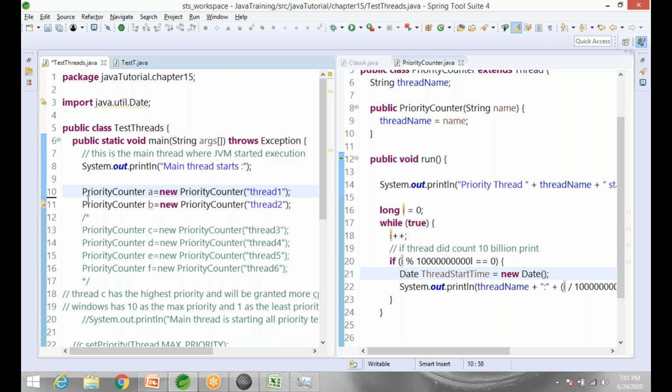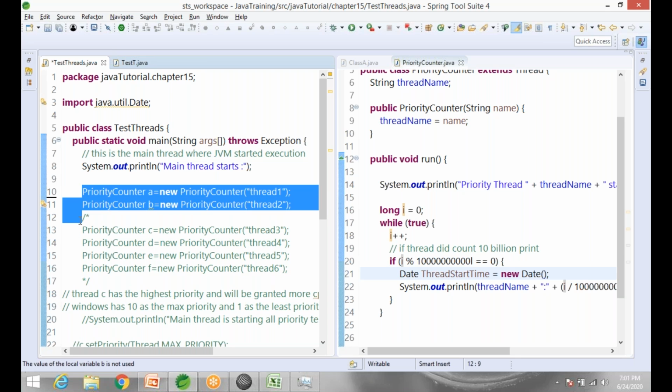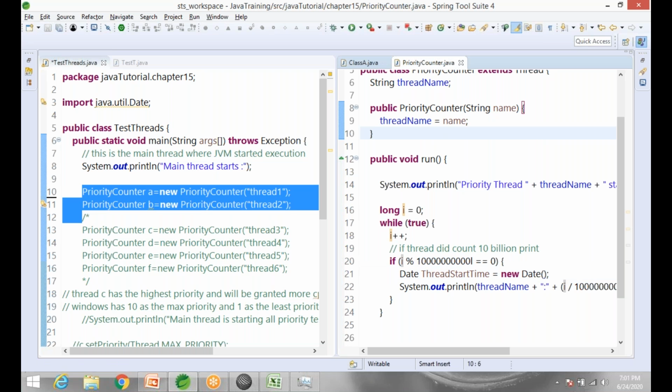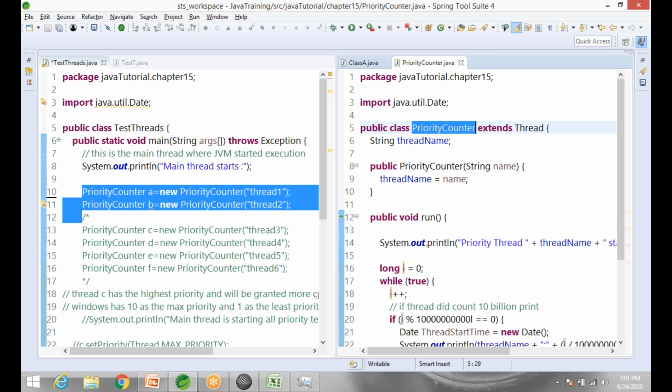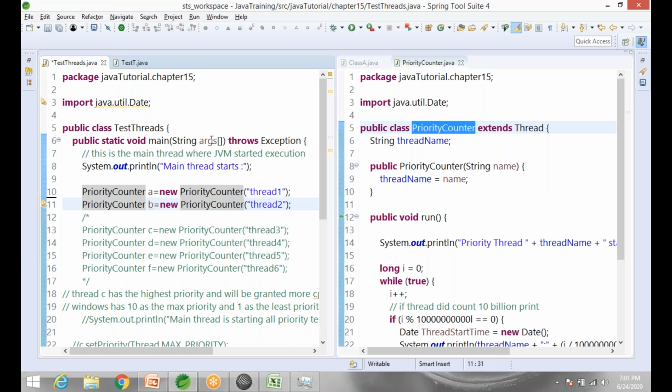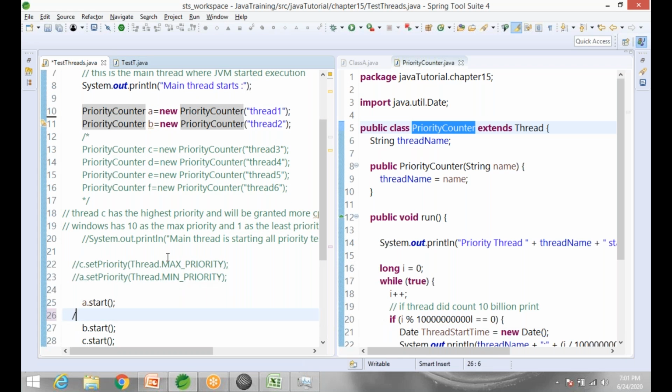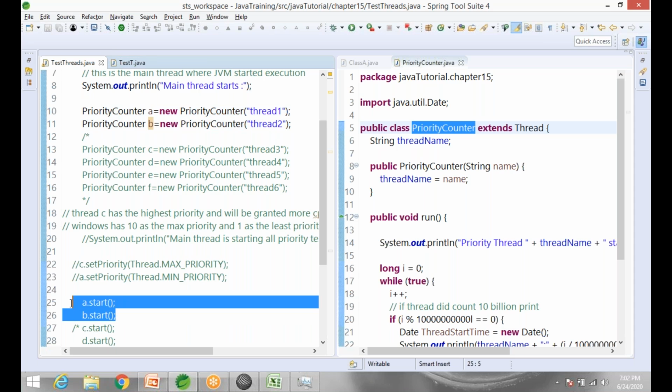When you create two different objects or two copies of this class and start them, both these copies, A and B, will start counting to 10 billion at the exact same time. They both will be counting.